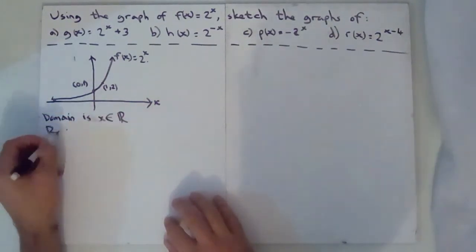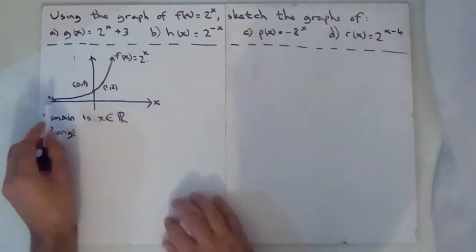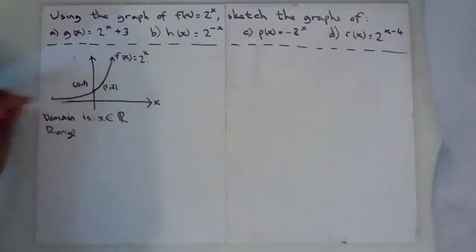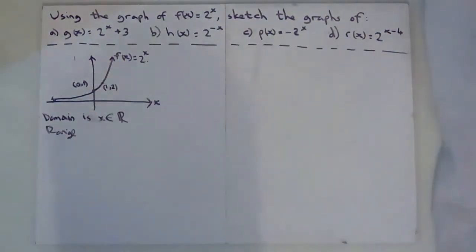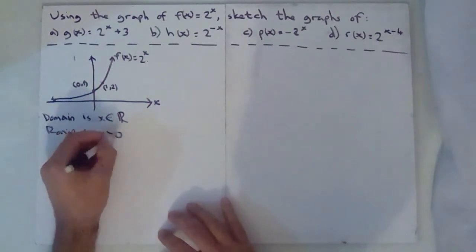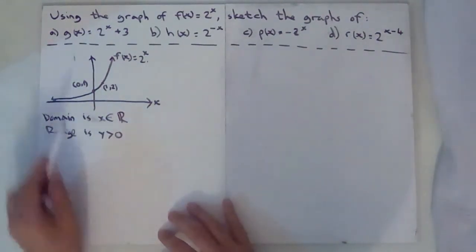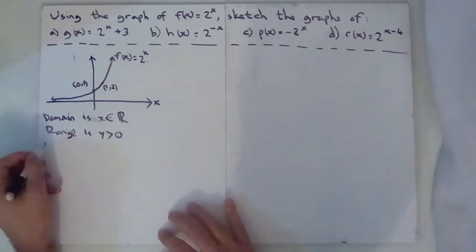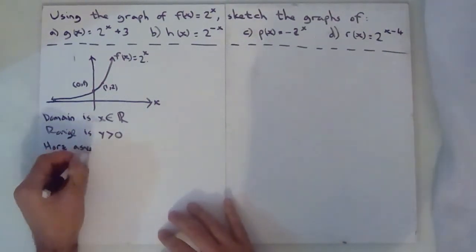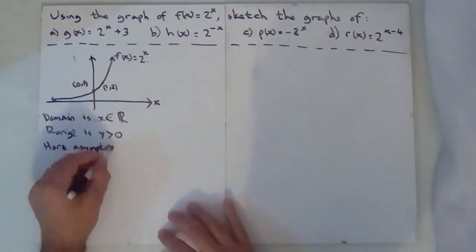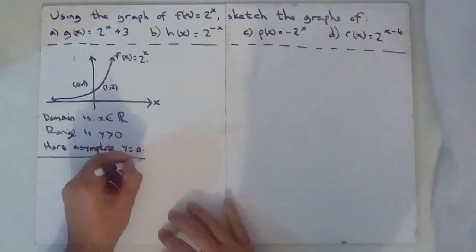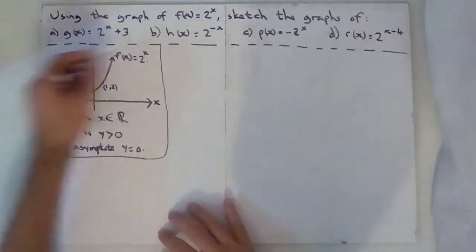The range: you've got this horizontal asymptote at y = 0, but anything beyond that, so basically the range is y greater than 0. And the horizontal asymptote is y = 0.